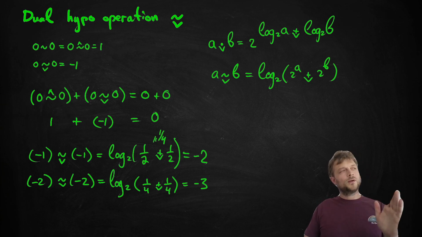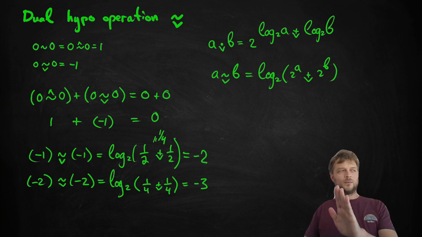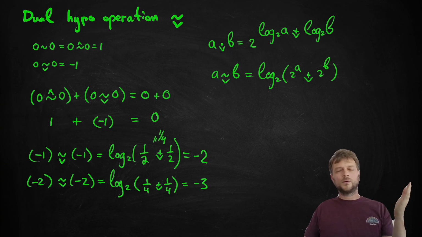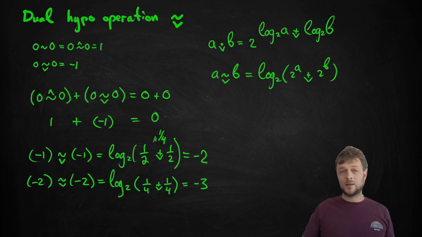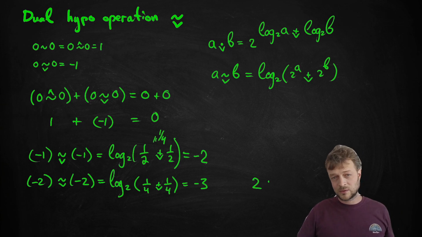So if you remember, the dual operation and the standard operation were similar to each other. Here we have the same. When we add 2 tilde 2, we got 3.